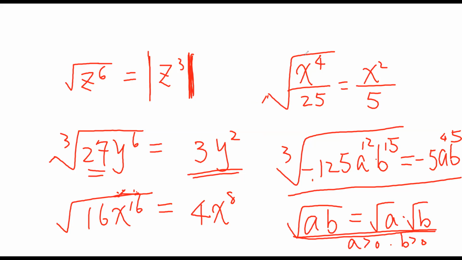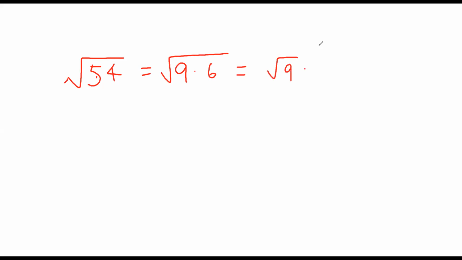We make sure that A and B should be greater than 0, a real number greater than 0. So it can be simplified. Let me see another one.